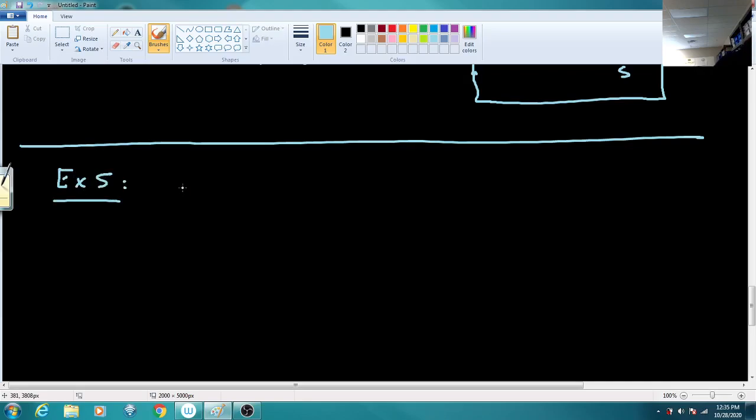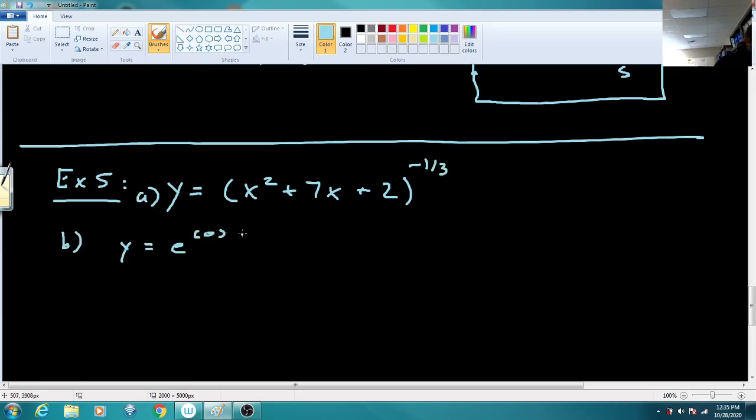Example 5 wants us to say if y equals x squared plus 7x plus 2, and that is all raised to the negative 1/3 power. This is part A, and then part B gives us y equals e to the cosine, I think, of t.